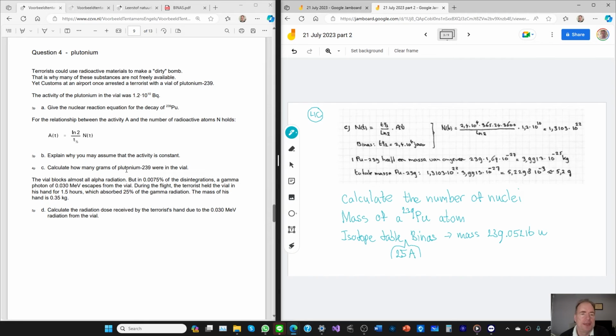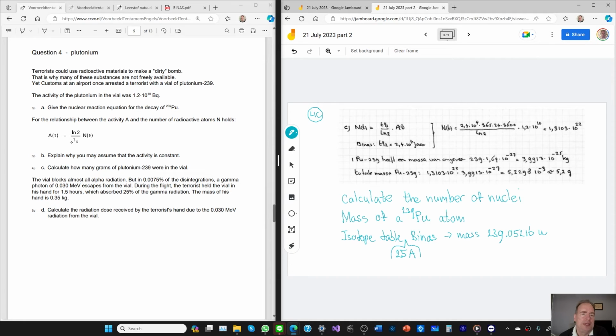Okay, then calculate how many grams of plutonium-239 were in the file. Okay, well, what do we know? How can we figure it out? Well, we use the equation here, and we use that we know the activity, we know the radioactivity, namely 1.2 times 10 to the power 10 becquerel.